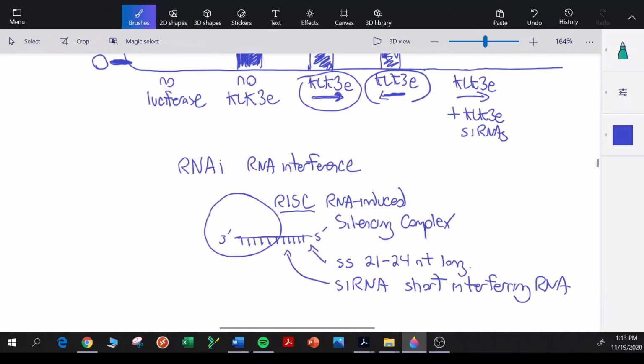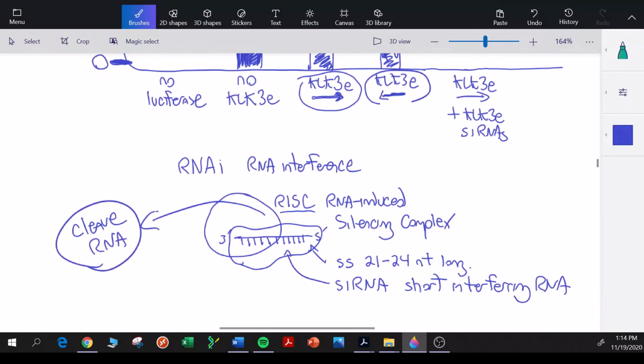And if an RNA, like a messenger RNA, for example, or an enhancer RNA, has a segment that is complementary to the sequences in the siRNA, what the RISC complex will do is cleave the RNA that matches the siRNA.